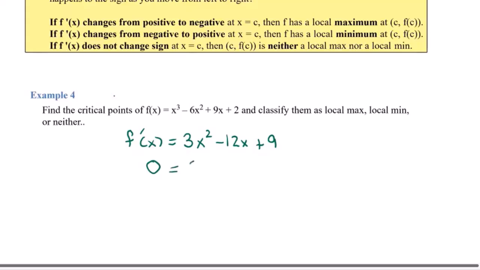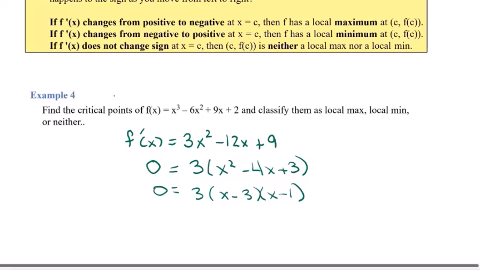We're going to factor out that 3, and this equals 3 times (x minus 3) times (x minus 1). And that equals 0, which gives me my critical points at x equals 3 and x equals 1.